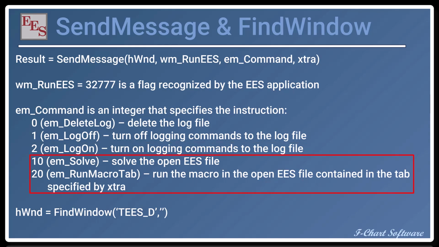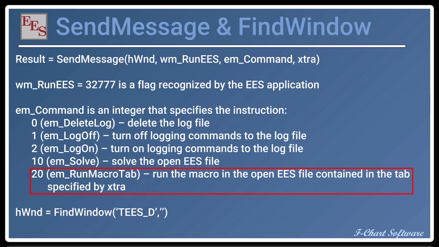And then the last two options here are telling EES what action to take, and there's only two of them. The first one is 10, which is solve, and that just says solve the file that's open in the EES application. And then 20, which is run macro tab, would run a macro tab that's open in the EES application.